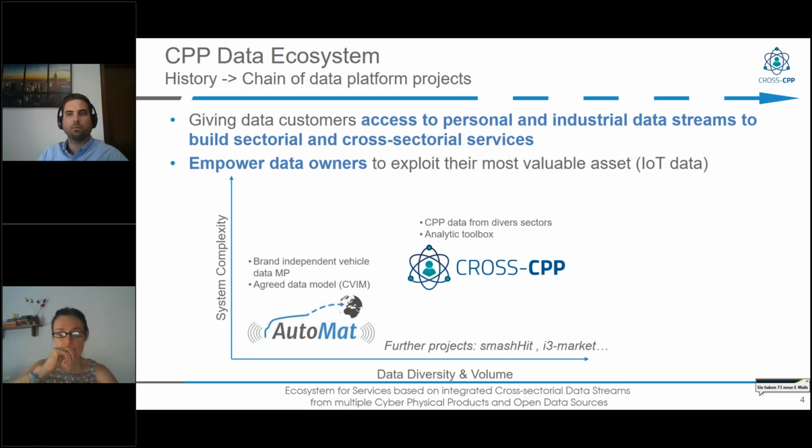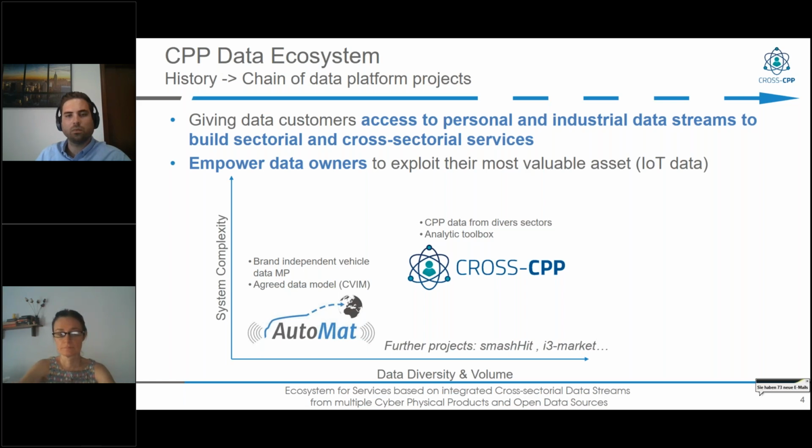A lot of partners were involved in AutoMat, like Atos. Atos was already responsible in AutoMat for the development of the marketplace and took over the responsibility to work further in this direction. AutoMat was directed just at making data from vehicles accessible, so it was restricted to data from vehicle platforms.